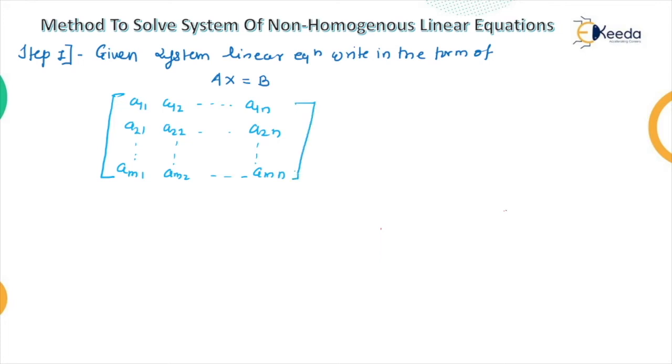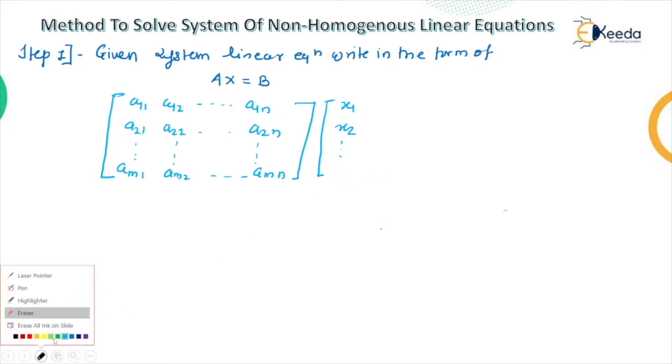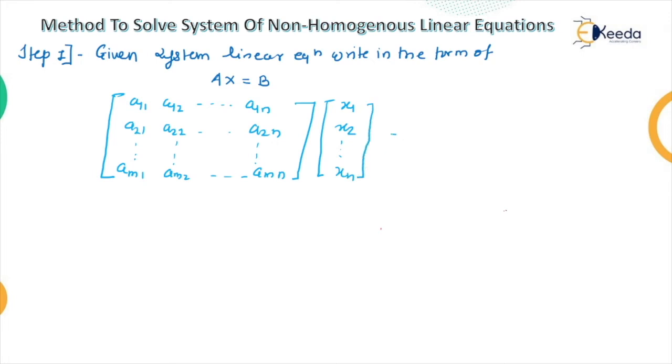These are the coefficients. It is multiplied by X, which is x1, x2, and so on up to xn, since there are n unknowns. And this is equal to matrix B, the right-hand side matrix.